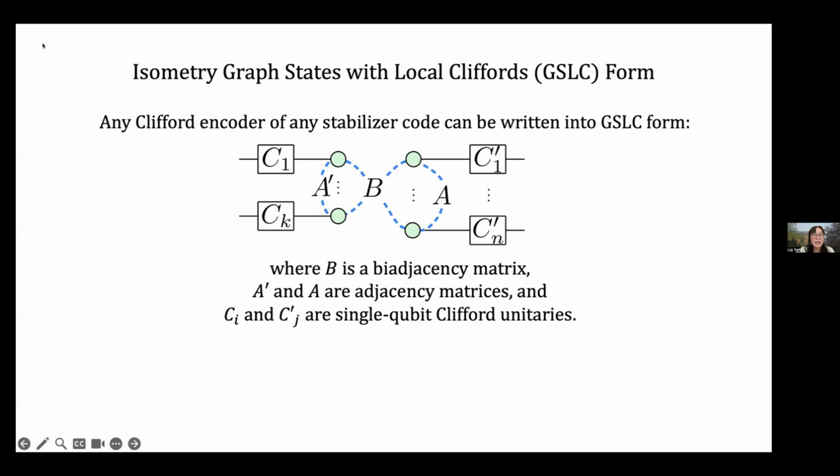It is well known that any quantum error correcting code that is a stabilizer code is always equivalent, up to local Cliffords, to some graph code. Graph codes would be this inner part here, with an encoder and a description of the graph code. So for any stabilizer code, you can have a Clifford encoder, and all Clifford isometries are always, up to local Cliffords on the inputs and outputs, equal to some graph code.